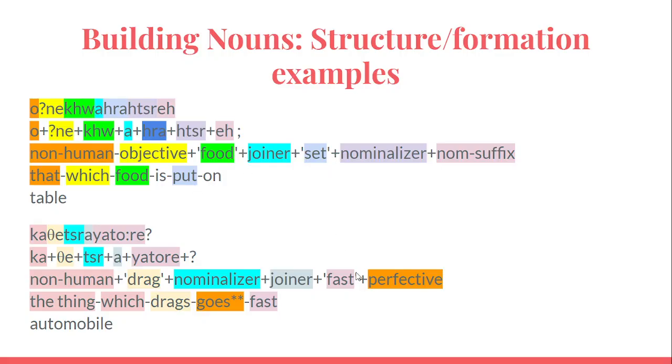They put a perfective after this because I'm assuming it describes the action that a car does, and there's no verb stem or anything like a perfective or a serial here. It just refers to an object that's there. It's always very fascinating how Tuscarora creates new nouns.